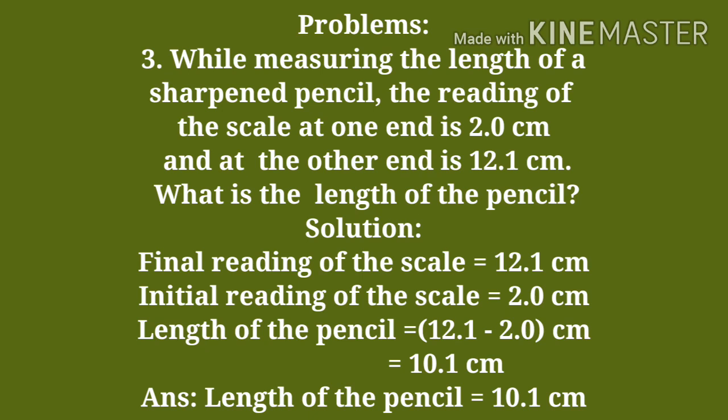While measuring the length of a sharpened pencil, the reading of the scale at one end is 2.0 centimeter and at the other end is 12.1 centimeter. What is the length of the pencil? Given that the final reading is 12.1 centimeter and the initial reading of the scale is 2.0 centimeter.